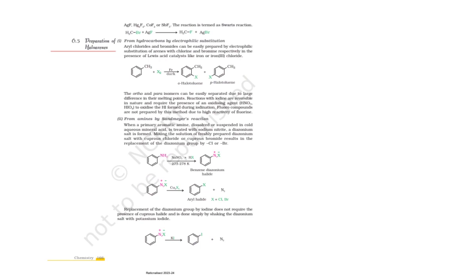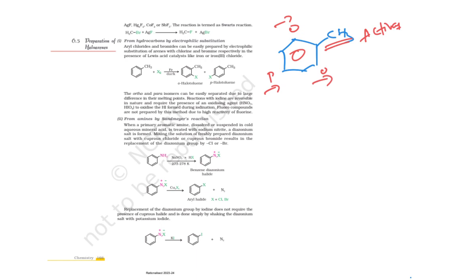We all know that the benzene which is connected with CH3, this CH3 is an activating group. What is it going to do? It is going to increase electron density at the ortho and para positions.